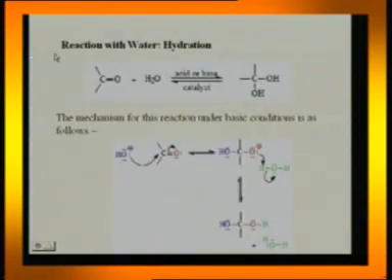So, if we take a specific case of carbonyl group, that is reaction with water, or we may call it hydration, groups like water, ammonia, etc., form a reaction of the kind where there is equilibrium.